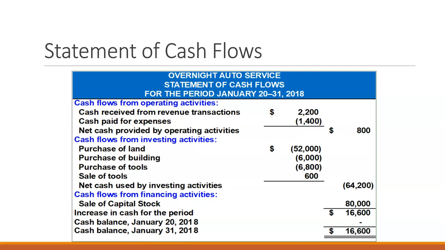And investing activities are those purchases of long-term assets. When we buy land, when we buy buildings, we're investing money in assets for the company. So investing activities are associated with long-term assets, and financing activities are associated with stock and dividends.